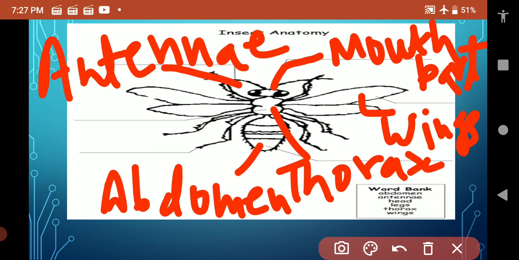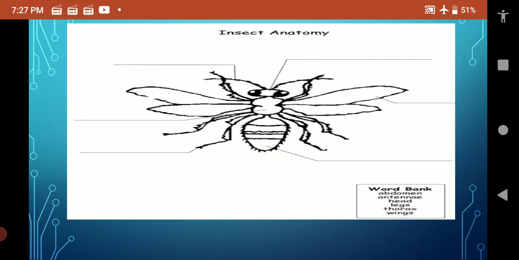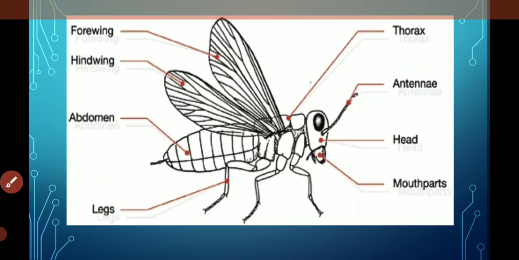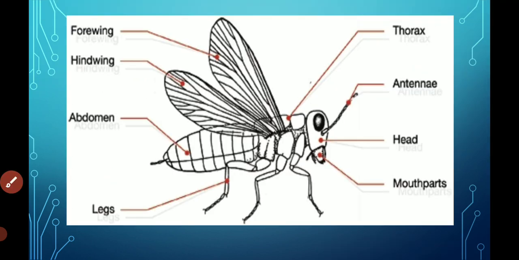Now all of you are aware of the body parts of an insect. Look at this one. Forewing, hind wing, abdomen, thorax, legs, antennae, head. These are the body parts of an insect.